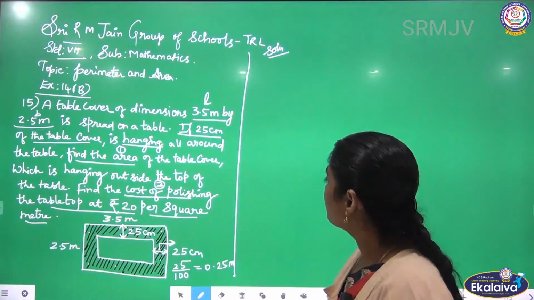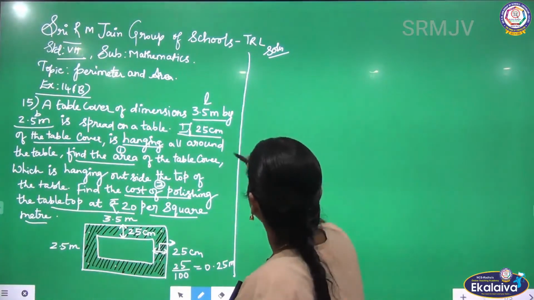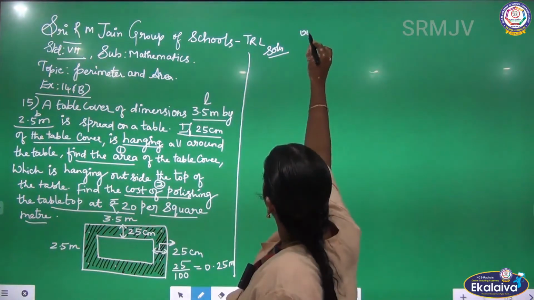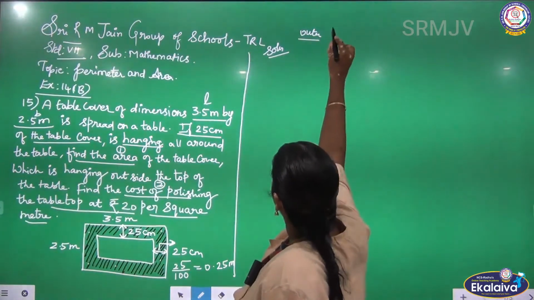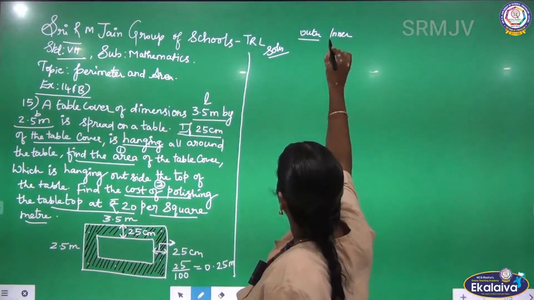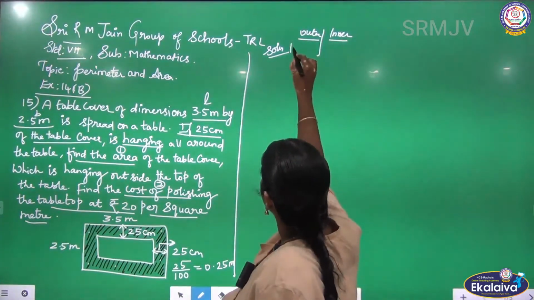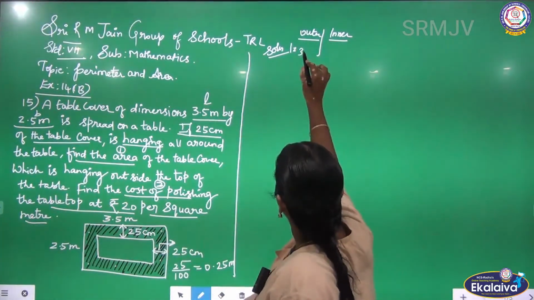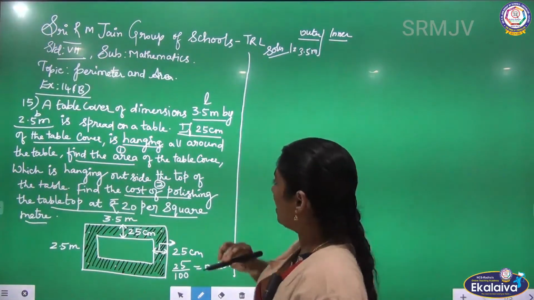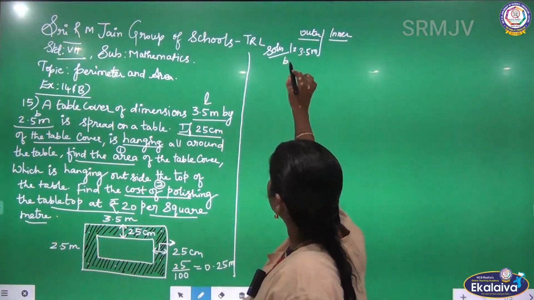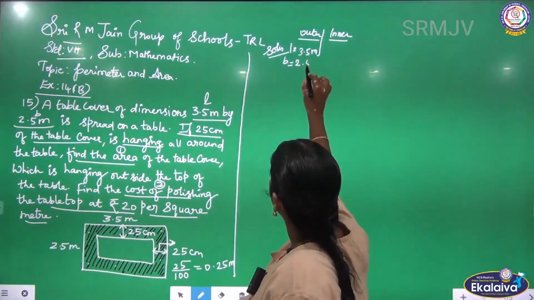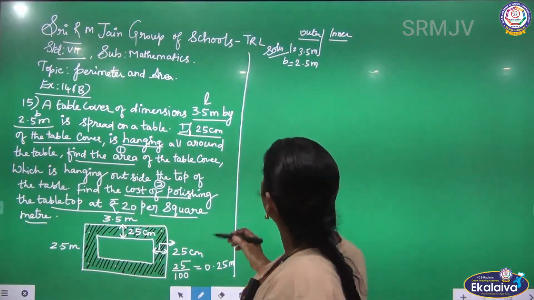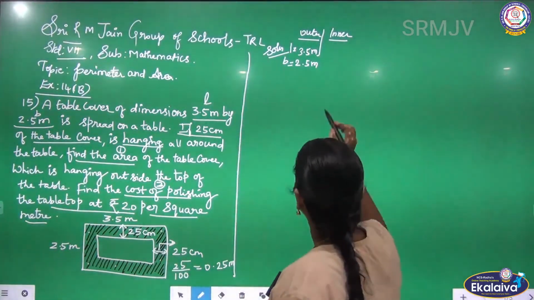Now listen, see this, children, outer and inner rectangle I am going to write. See, the outer length, what is that? 3.5 meter, and the breadth is 2.5 meter. Now the inner rectangle, what I have to do?